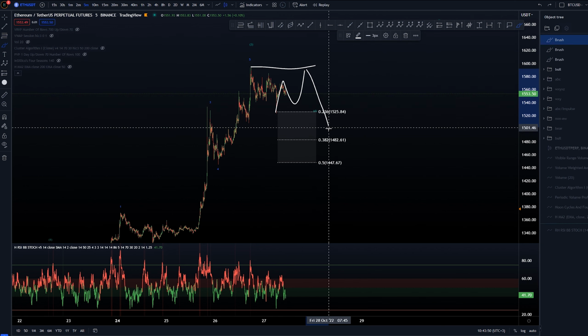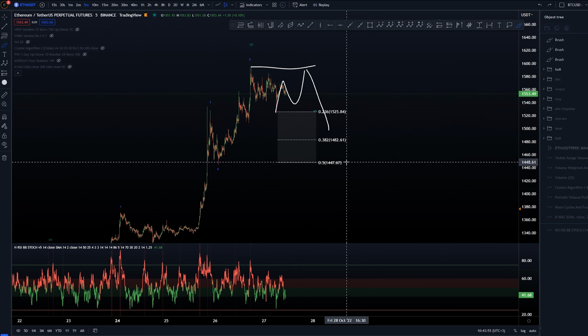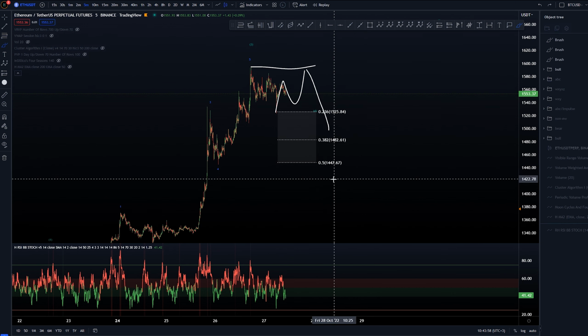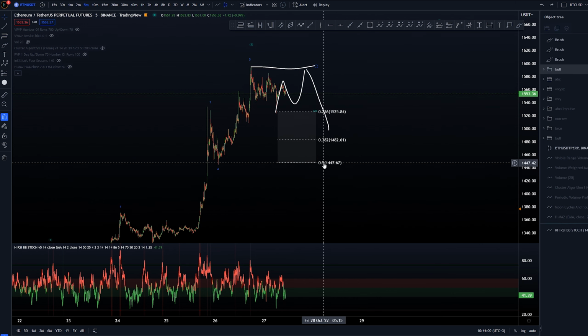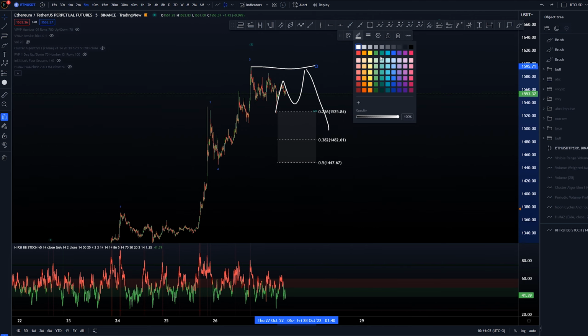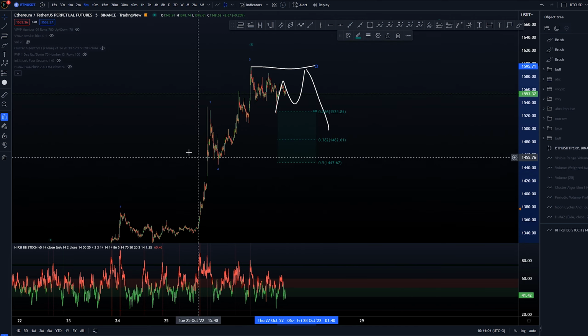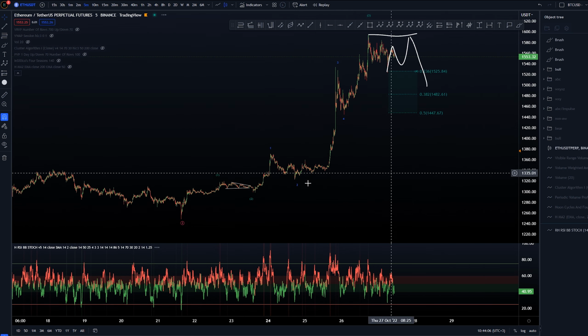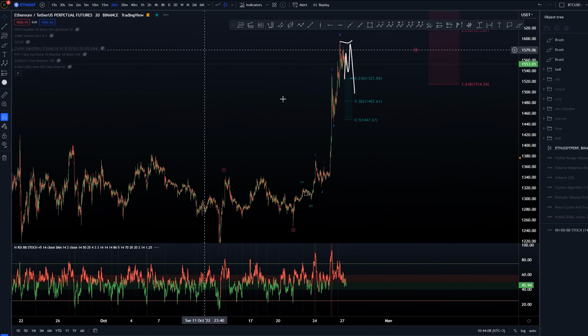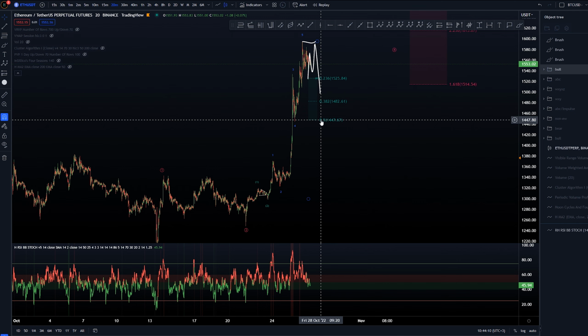And this is the previous wave 4. Anything beyond or below the 1447, which is the 0.5 retracement of that third move, is making me think that this whole structure is already done and I've just mislabeled this, because wave 4s generally don't go beyond the 0.5.